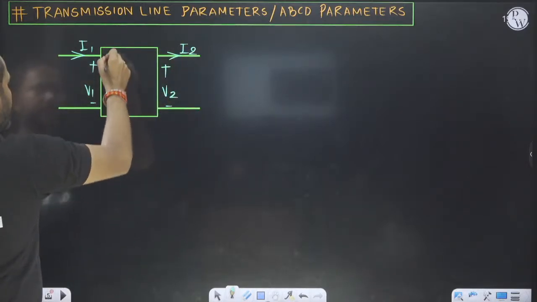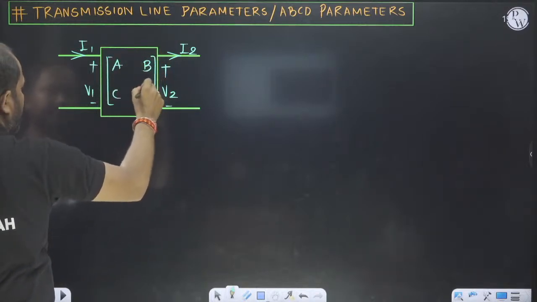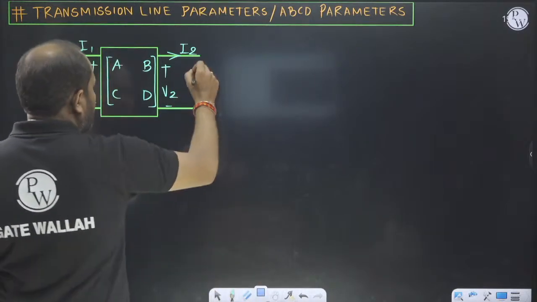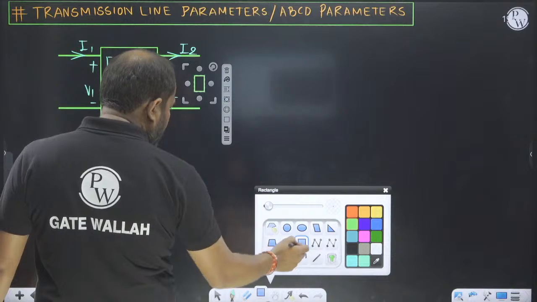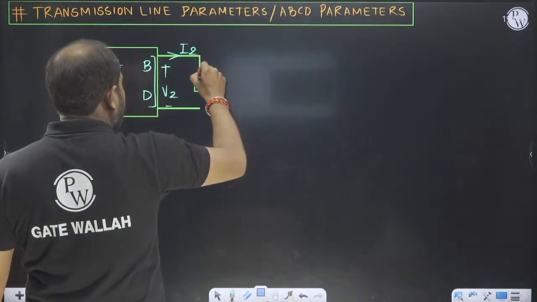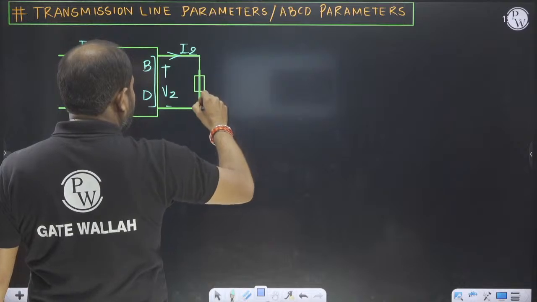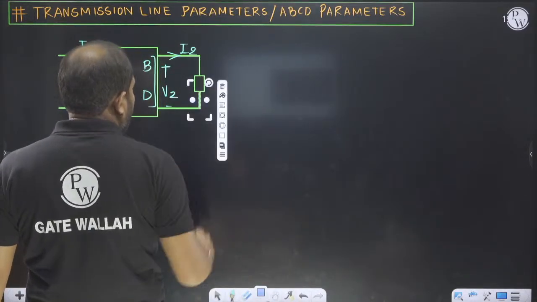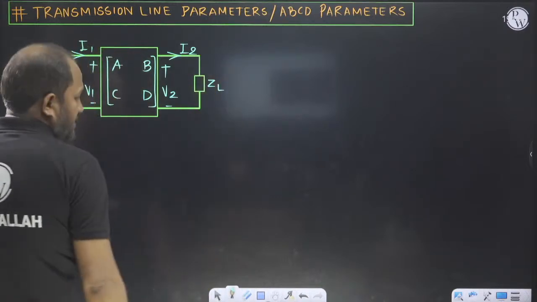The matrix will be ABCD, A, B, C and D. Again it is connected with load ZL.